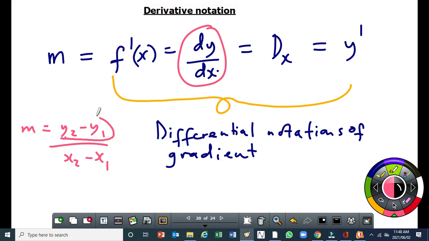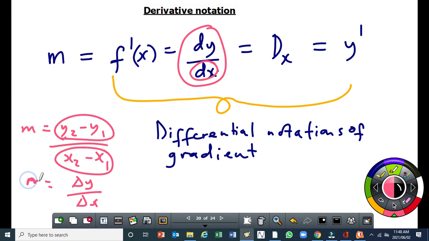That refers to the numerator. The x2 minus x1, that's dx. Sometimes we write this as change in y over change in x. That's gradient. That's synonymous with dy over dx.